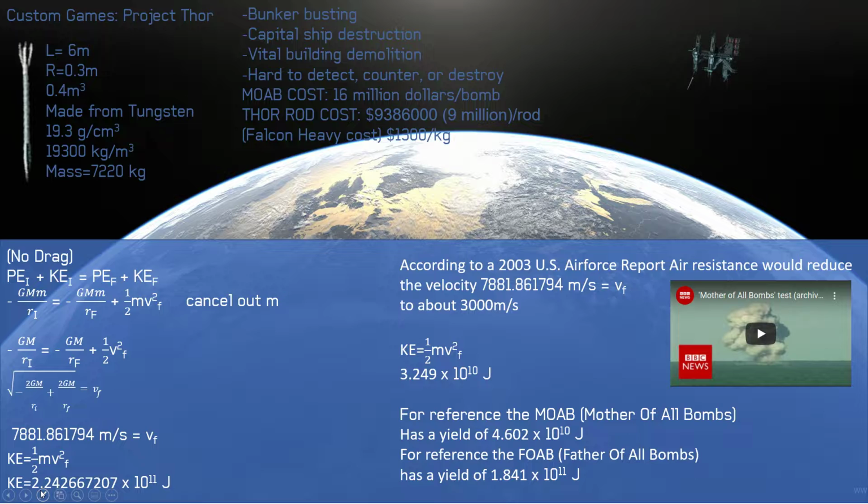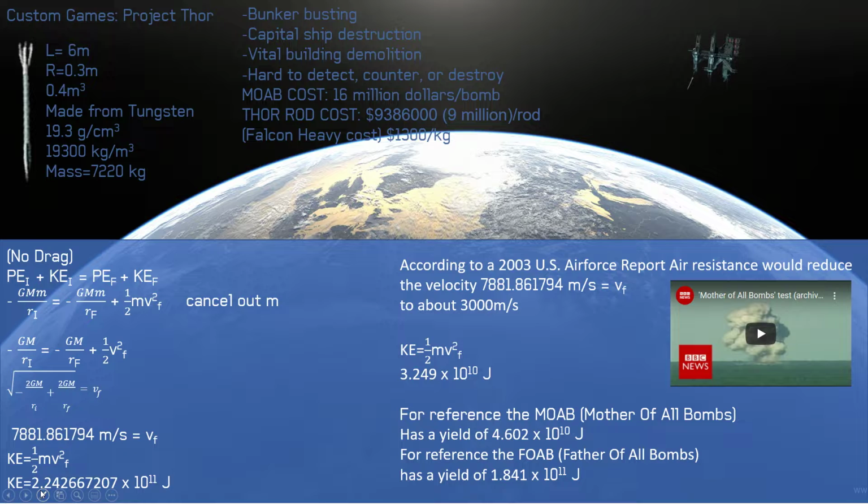But plugging that into our kinetic energy equation, it's going to yield us about 10 times less kinetic energy. Still, how much energy is 3.2 times 10 to the 10 joules?